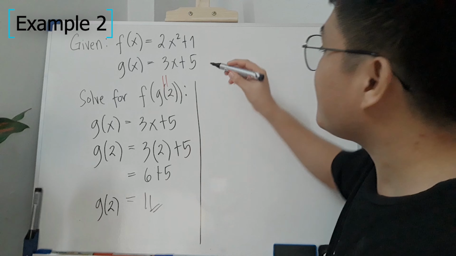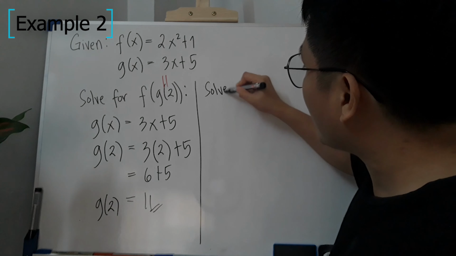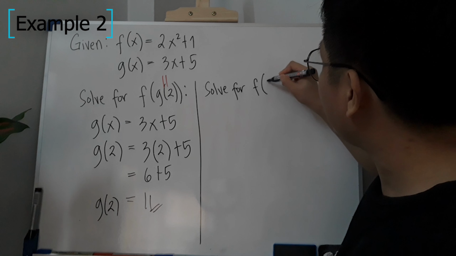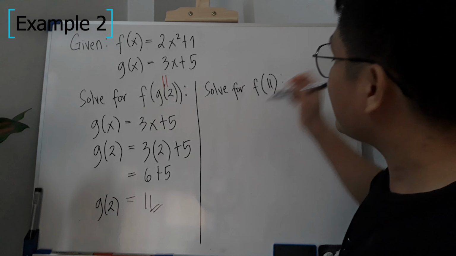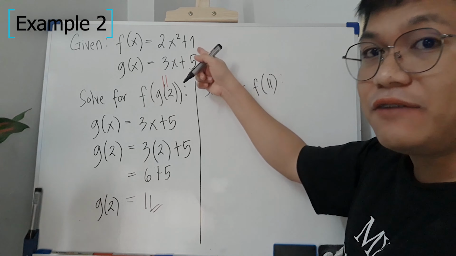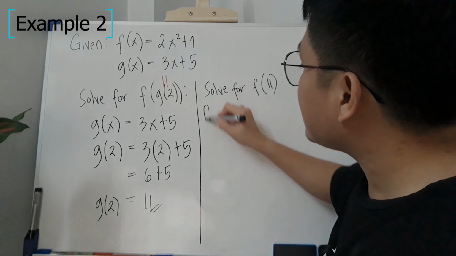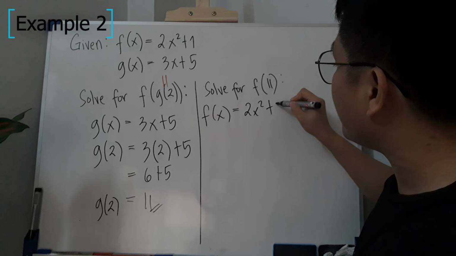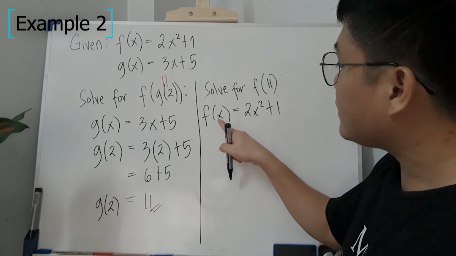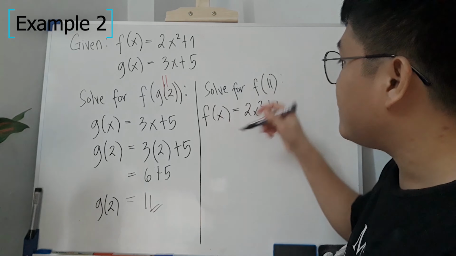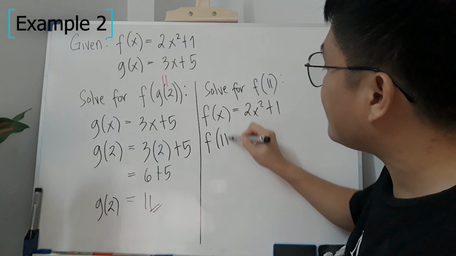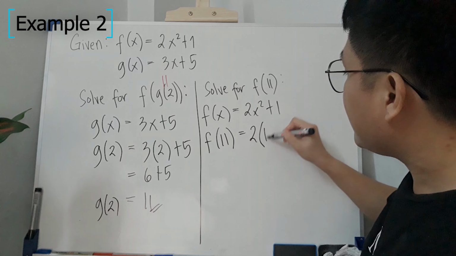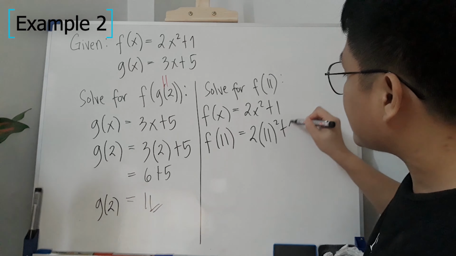So we have here, solve for f of 11. That means going back to our given, f of x is equal to 2x squared plus 1. That means we are going to replace x with 11. So we have f of 11 is equal to 2 times, replace x with 11, that is 11 squared plus 1.